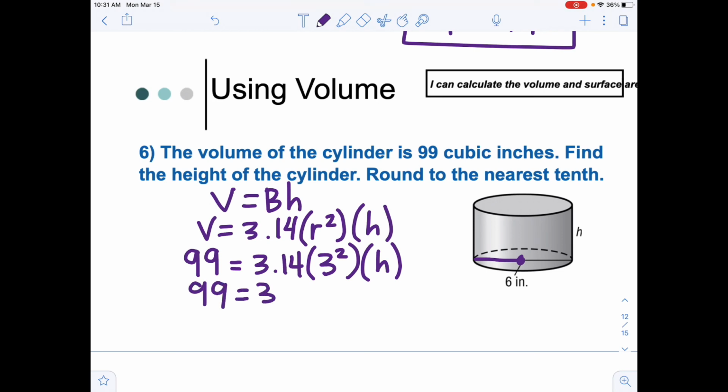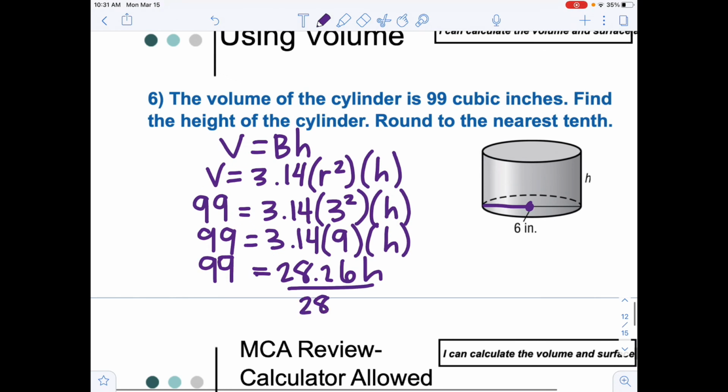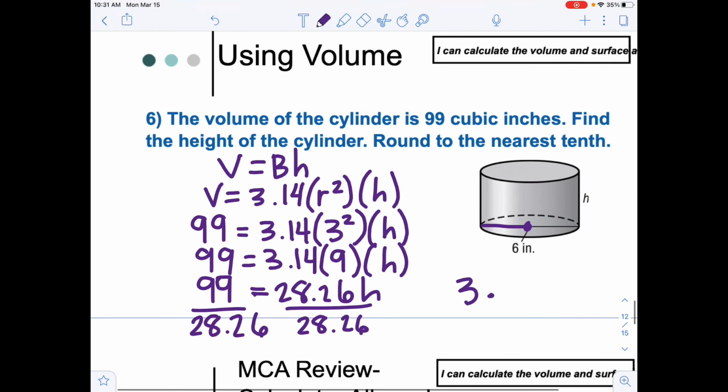So we have 99 equals 3.14 times 3 squared is 3 times 3, which is 9, times the height. 3.14 times 9 is 28.26. H equals 99. Divide both sides by 28.26. And then rounded to the nearest tenth, I get 3.5 inches is that height.